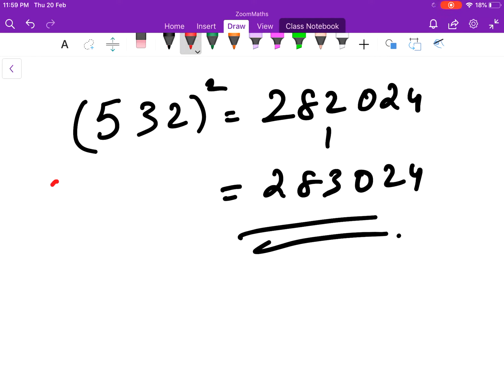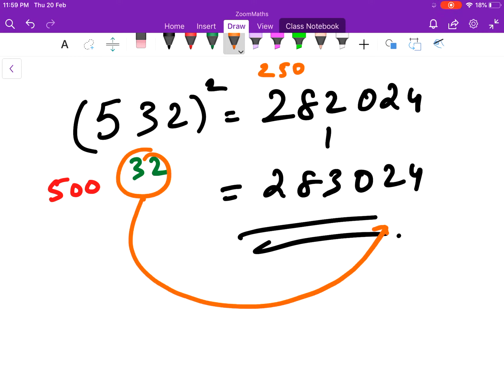Again, the base number is 500, your deviation is 32, your reference number is 250. You take the square of the deviation, that's 1024, and you add the deviation to the reference number, 250 plus 32 is 282. That's how simple it is.